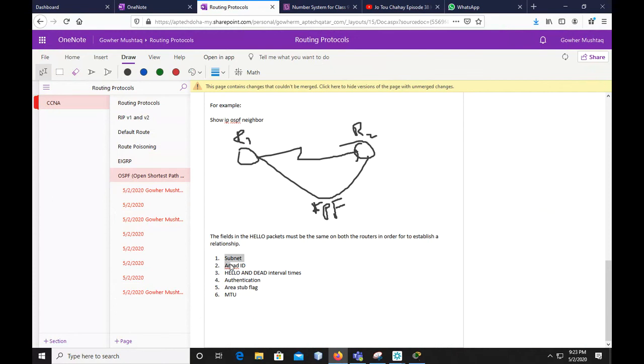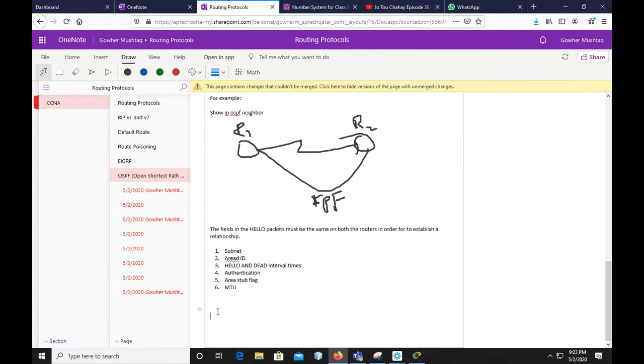So these are the 6 fields that will be advertised from router R1 towards R2, and R2 will also advertise. And all these 6 fields in a packet should be the same. Then only a neighbor relationship will be made. You understanding? So this is area ID. Clear?